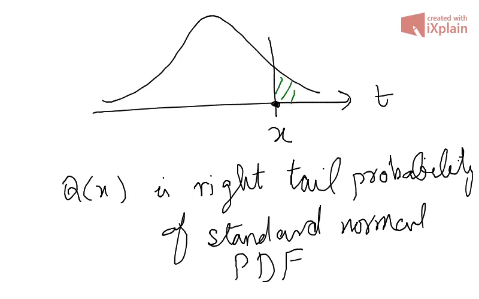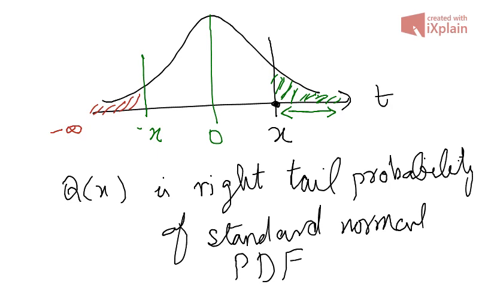Now because the PDF is standard normal, the mean is 0 and it's symmetric about the origin. So the probability that the random variable would take these values, which is given by this area, which is given by Q(x), you can think about minus x, from minus infinity up to minus x.